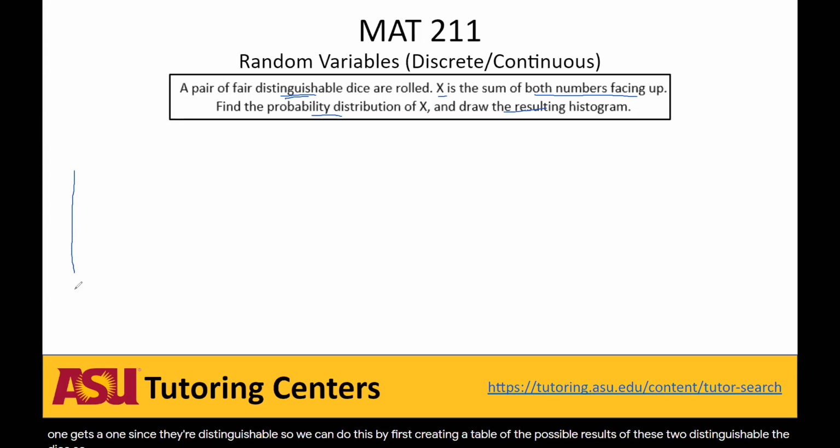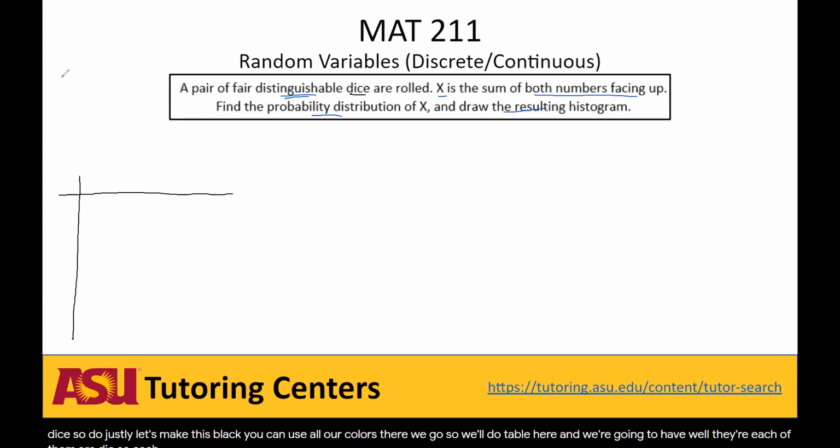Let's make this black so we can use all our colors. There we go. So we'll do a table here. Each individual die has 1, 2, 3, 4, 5, or 6 as its possible outcomes.